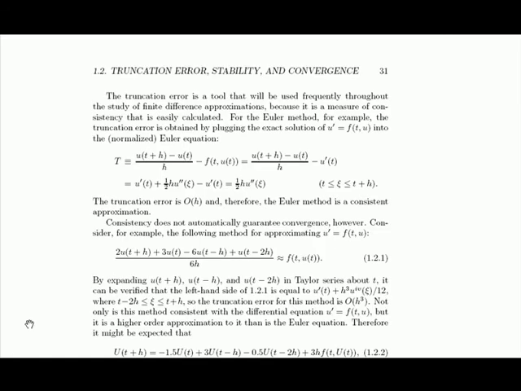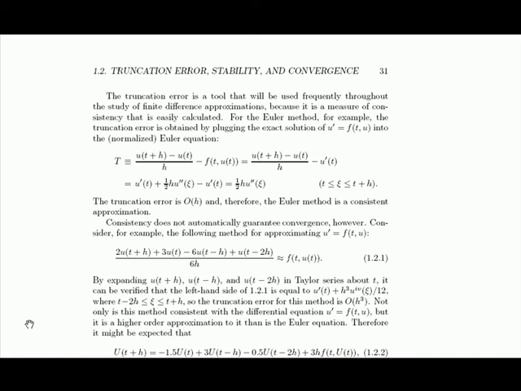In fact, we say that a finite difference method is consistent with the differential equation if the truncation error goes to 0 as the step size goes to 0. In other words, the finite difference equation is consistent if the truncation error is of order at least h.